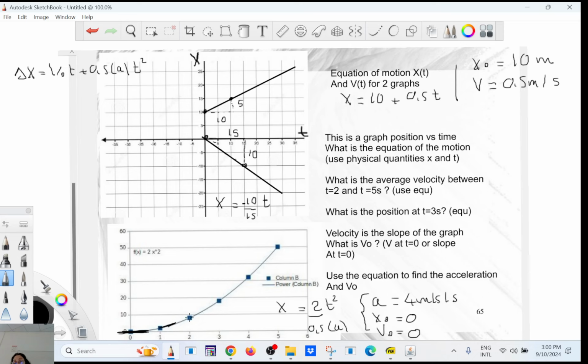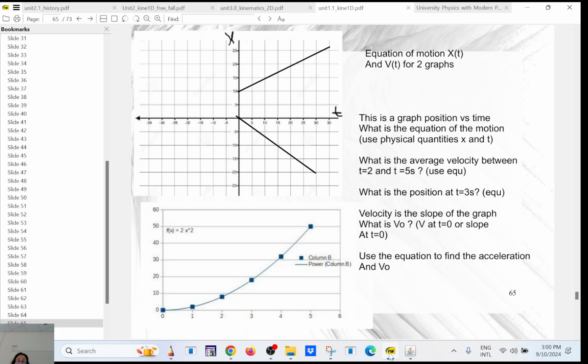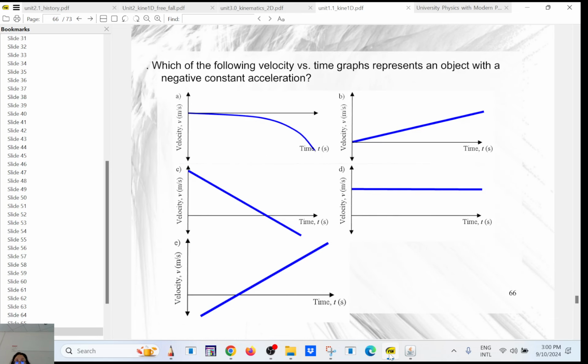The slope increases, and increases, and increases. So it's going to move faster and faster, but at a constant rate. So the slope between here and there, for every second, is going to increase by 4.